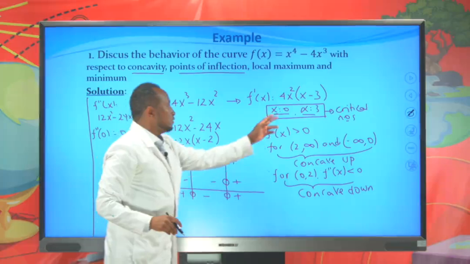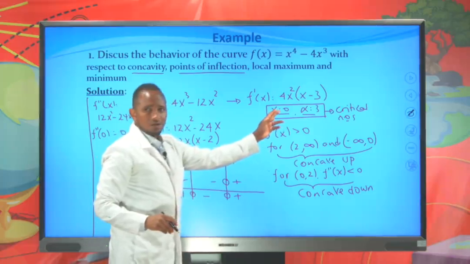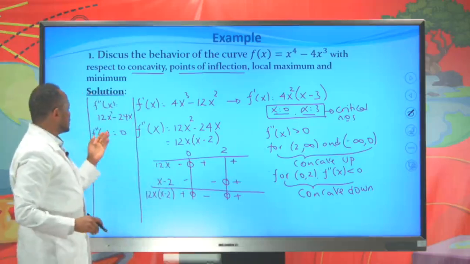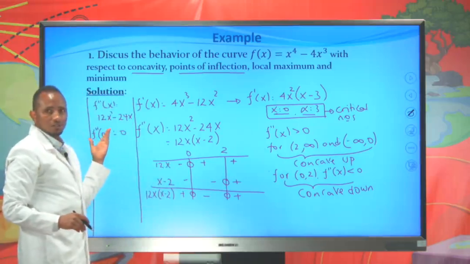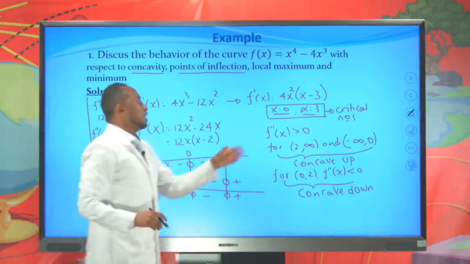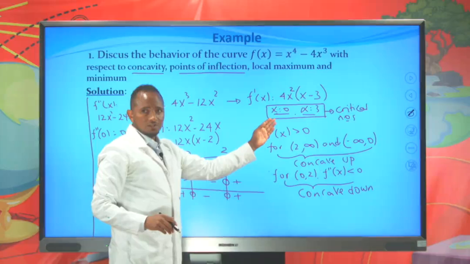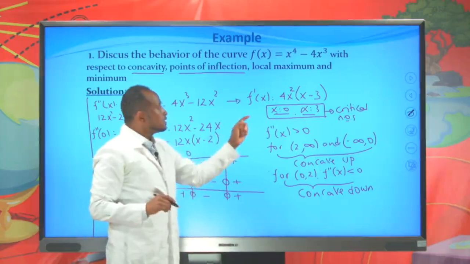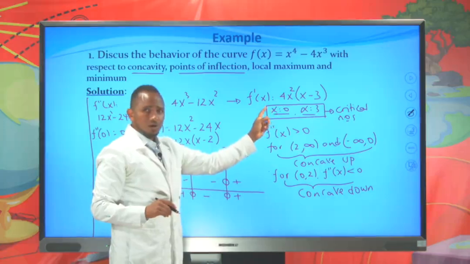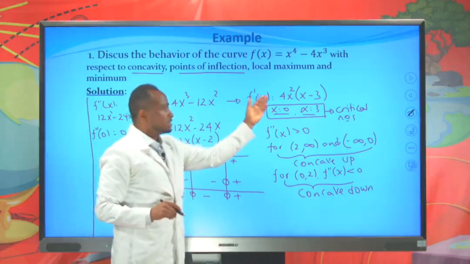Therefore, we don't know whether this is a local max or local minimum point using the second derivative test, because it is 0, the test fails. So to check that, we need to use the first derivative test.